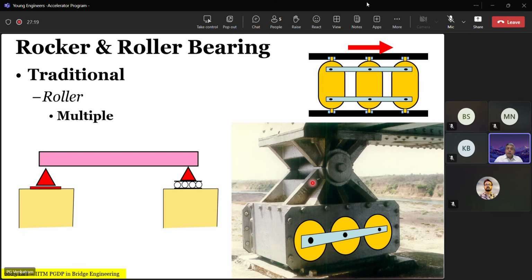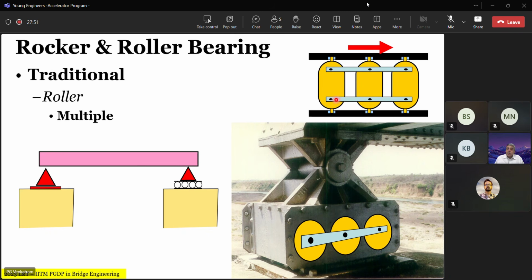Now, if you see something like that, don't assume that it is a rocker bearing. It is also a roller because the rollers are all hidden inside a box filled with grease to protect them from external damage, corrosion, etc. Quite often these rollers are boxed inside one unit which is filled with grease so that lubrication, reduced friction, etc. are there.